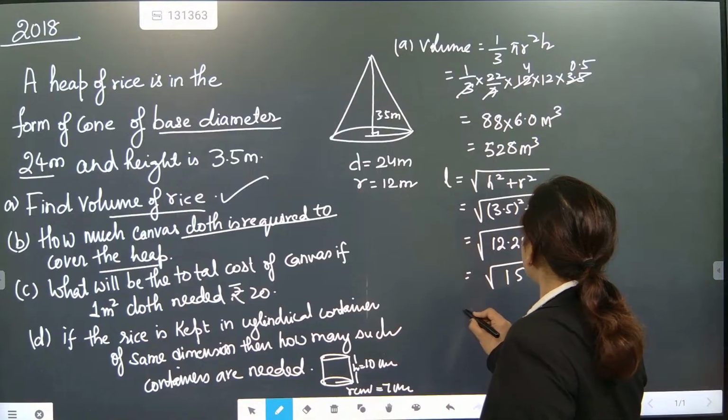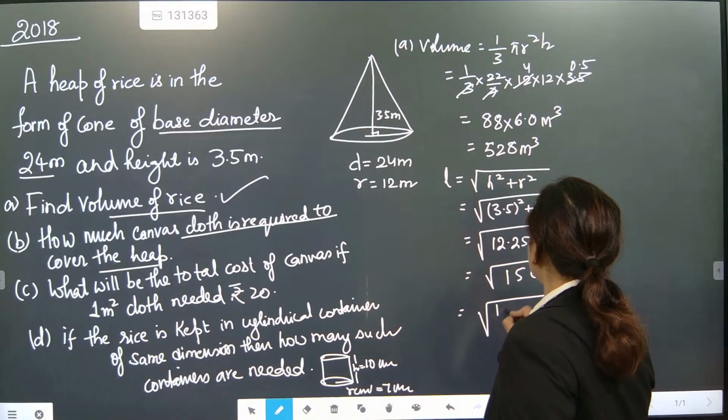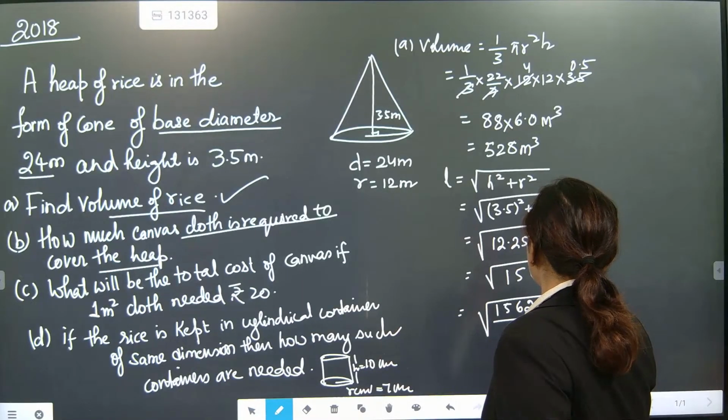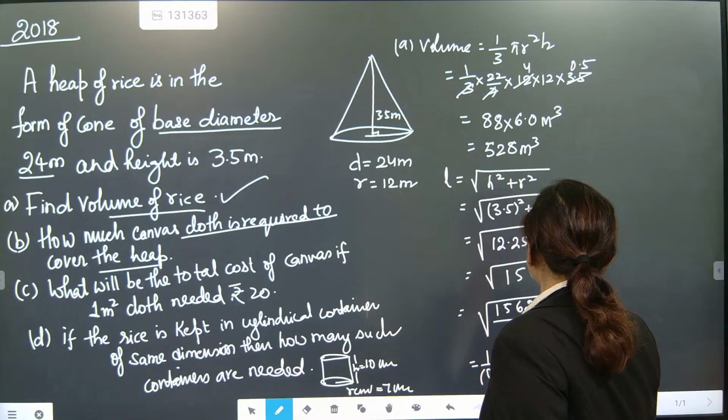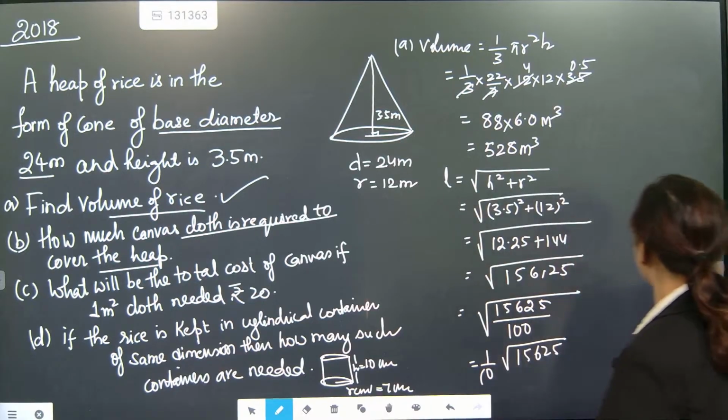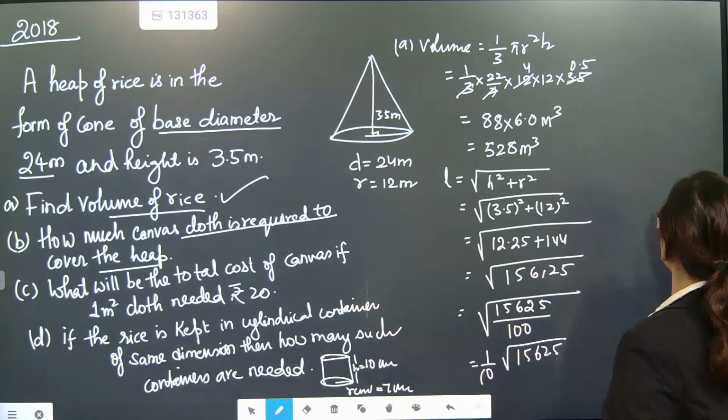If we remove the decimal, it is coming as 15625 by 100. So 10 will go outside. Now it is coming as root 15625. Check this one out.